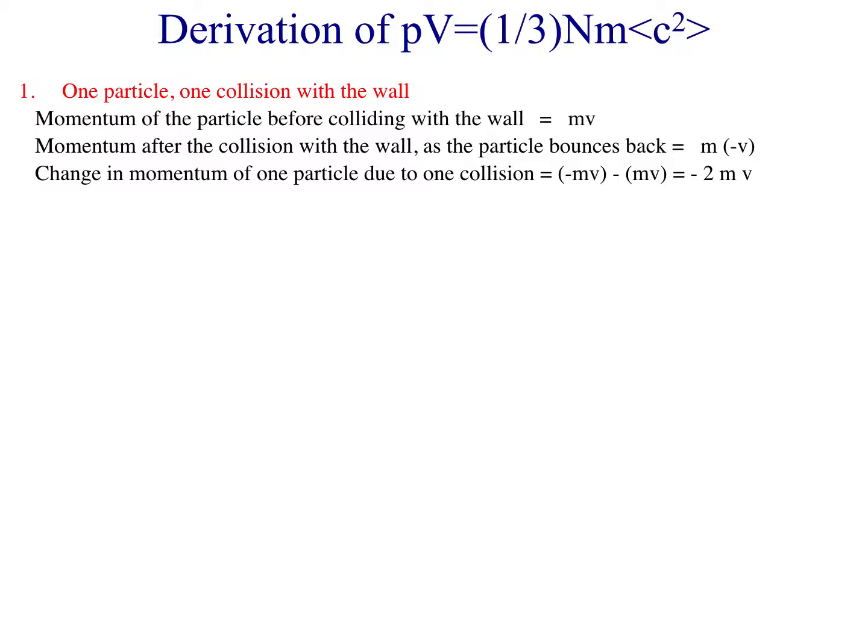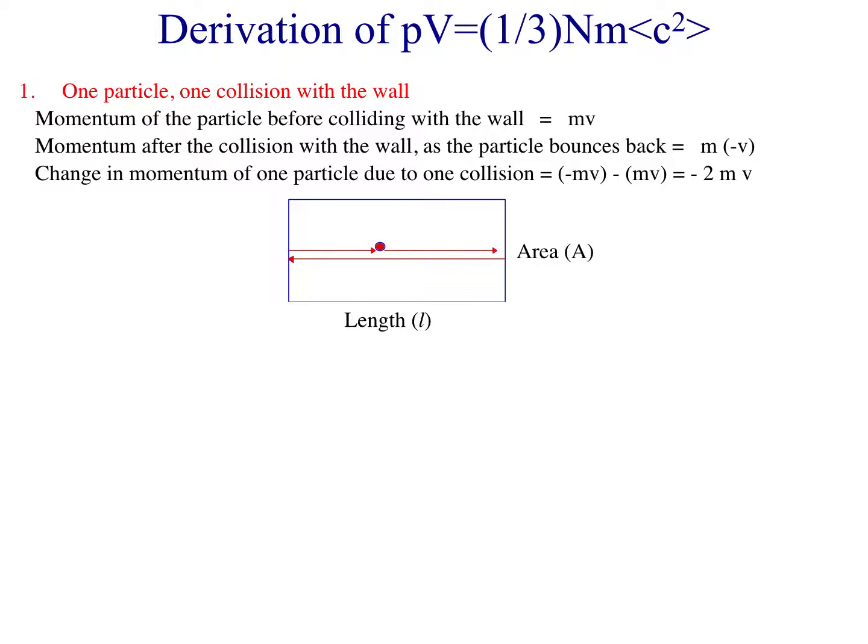Therefore, the total is minus 2mv. This is important. Very often, the mistake is made of taking this to be equal to 0. That is, we often forget to put the negative sign on the first term. Now let's keep this discussion going.